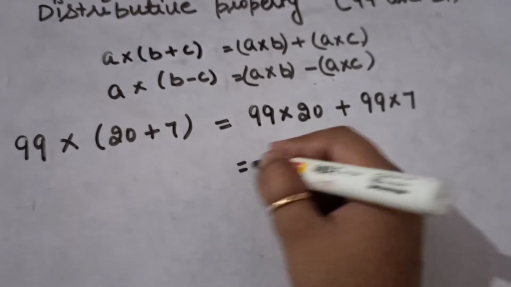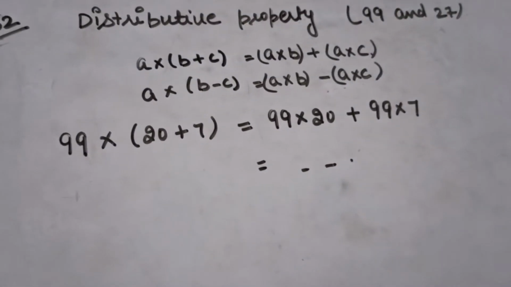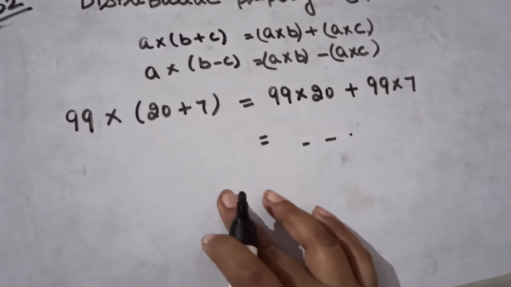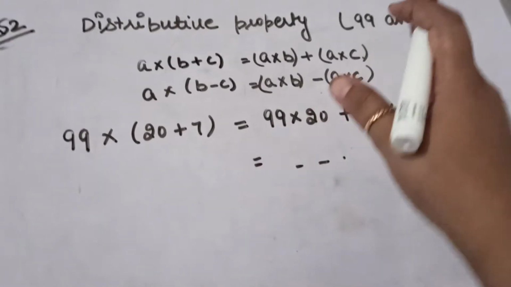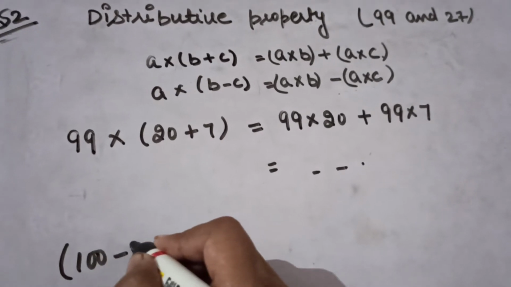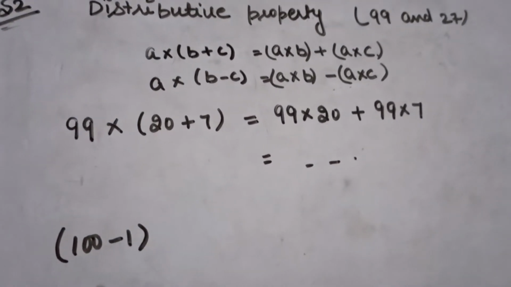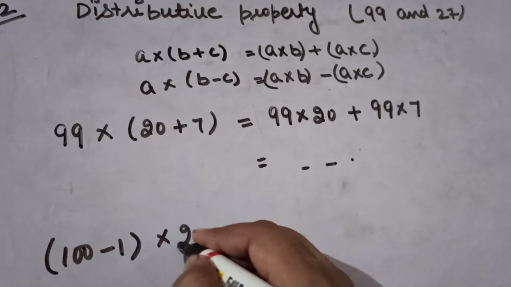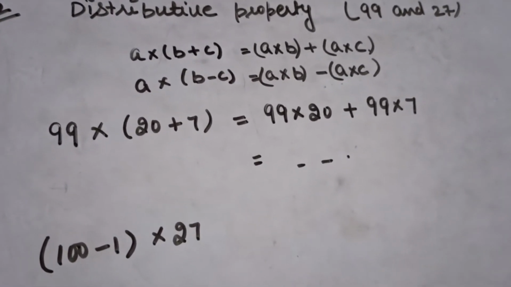Right? Now you will multiply and find the answer. This with addition. Now with subtraction. I can write 99 like 100 minus 1. Right? And multiply with 27.